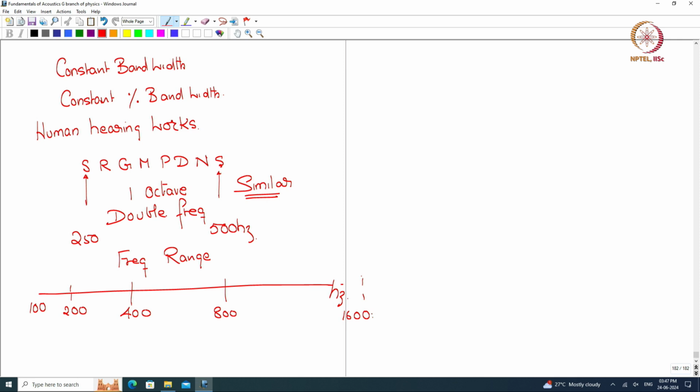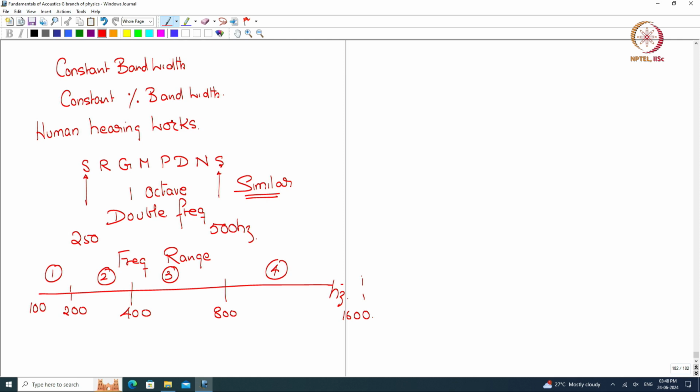So we characterize our machine, we call this band 1, band 2, band 3, band 4, and so forth, and we characterize the machine.